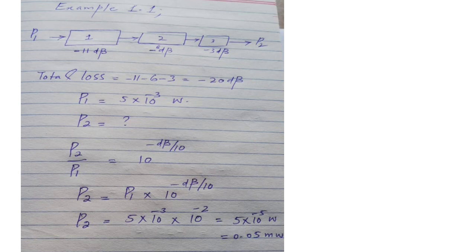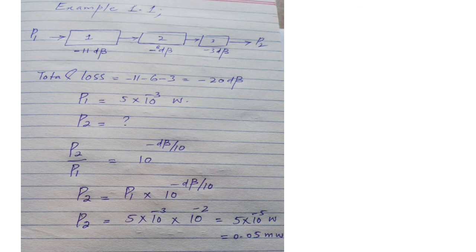And the loss of block number 3 is minus 3 dB. The input power of this cascaded system is P1, and the output power is P2. P1 is given as 5 milliwatt, that is 5 into 10 raised to power minus 3 watt. We need to calculate the output power, P2, of the cascaded system.